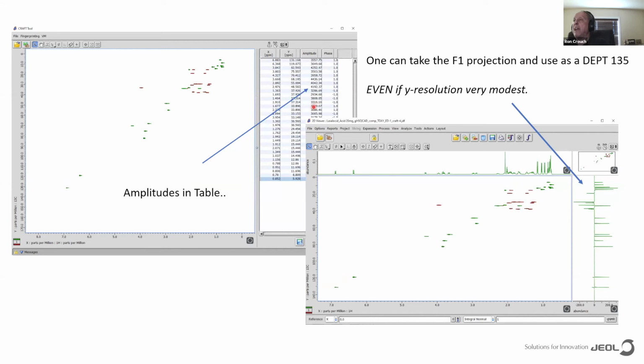We have a table of amplitudes, but the real purpose of 2D CRAFT is a little bit interesting here, in that even though this is only acquired with 64 t1 increments, and no extension, that sort of thing, CRAFT takes every one of them and reconstructs it and extrapolates as if it were 1,000 points. So the Y projection of this is, in fact, better, even if you acquired very modestly.